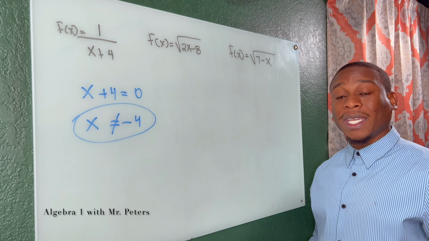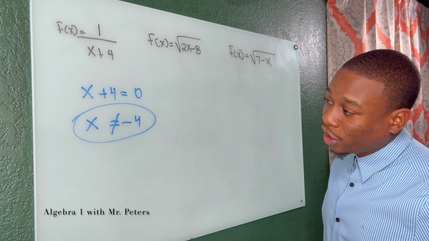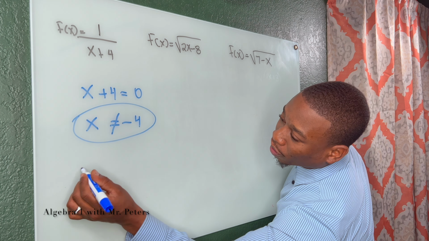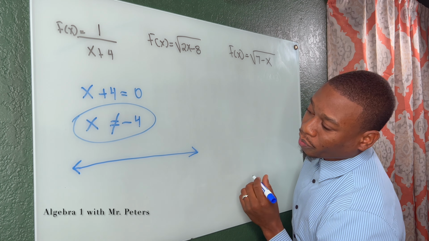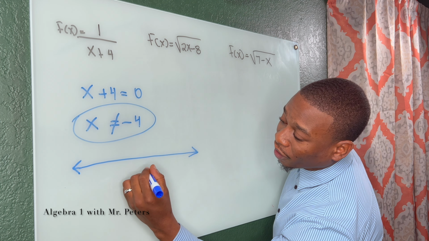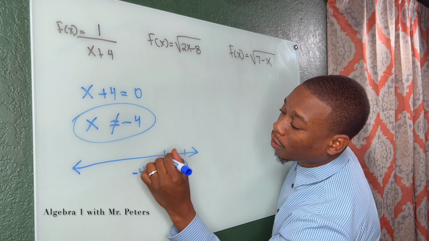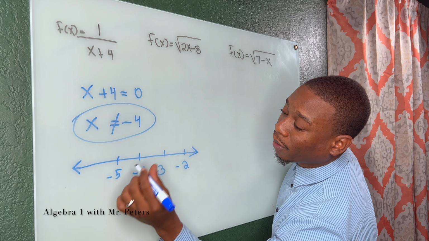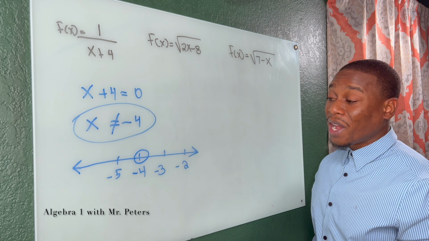Now, how do we express this as an answer in interval notation? Well, let's think about the graph. I'm not going to number it too much. We know that the answer is not included, because it can't be. So we're at negative 4. We know it's an open circle, and we know x cannot be equal to it.